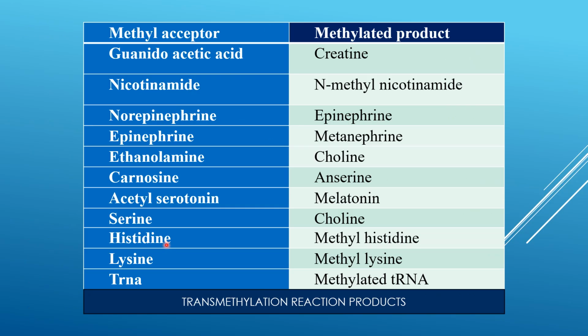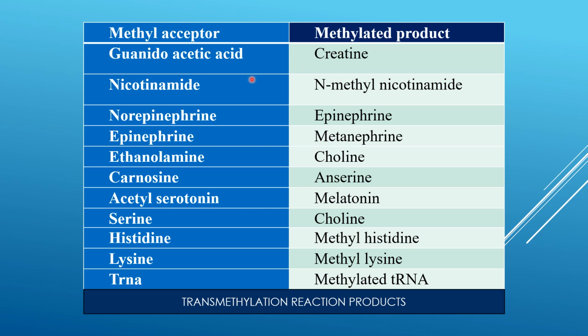So here there is a volley of reactions showing the transmethylation reaction products. Guanidoacetic acid converts to creatine by simple acceptance of a methyl group once it is methylated with SAM. So here is a role of SAM.